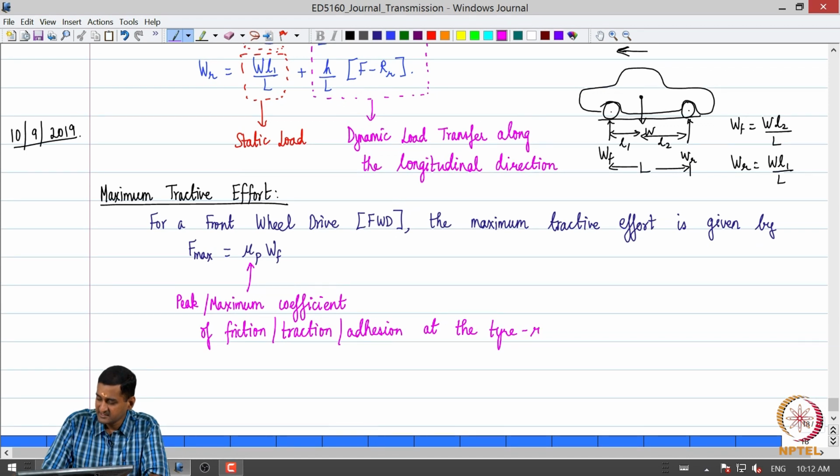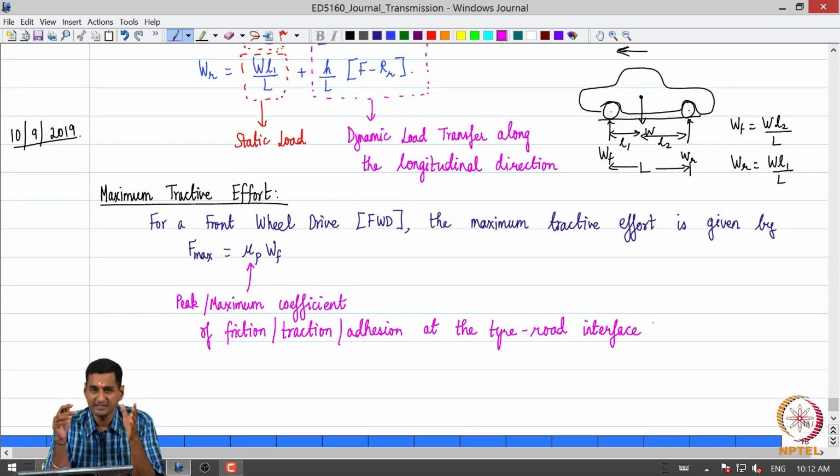So this is a simple way of expressing the maximum traction available at a particular tire road interface. What we do is that we take a parameter mu, okay, and multiply it by the load on that particular tire, the normal load at the particular tire road interface, okay.